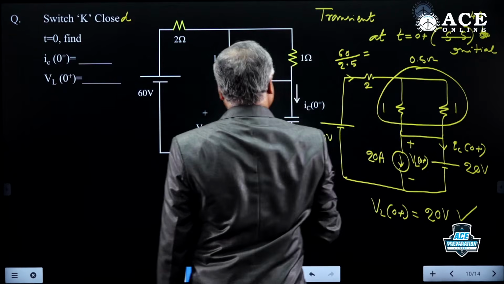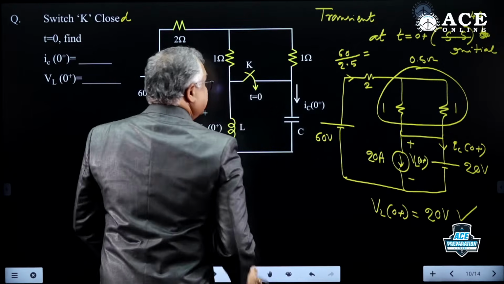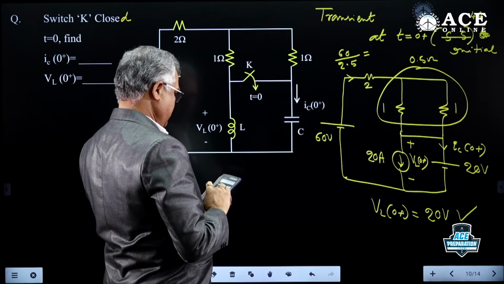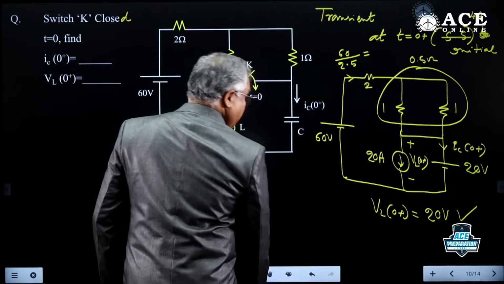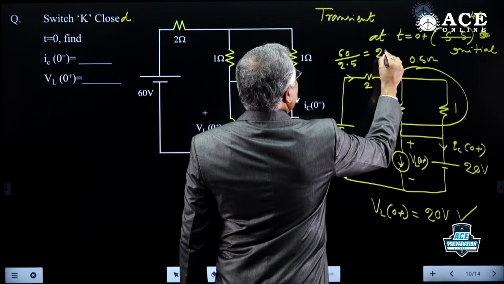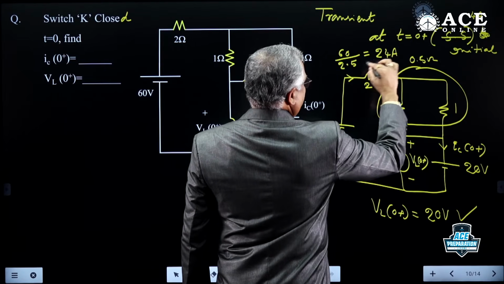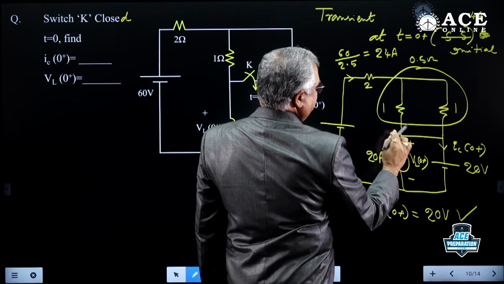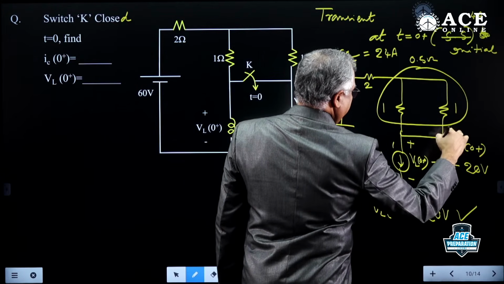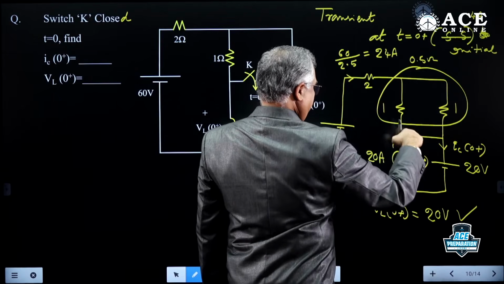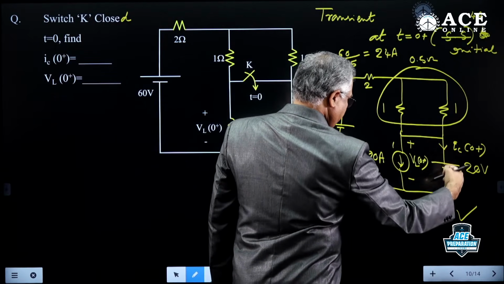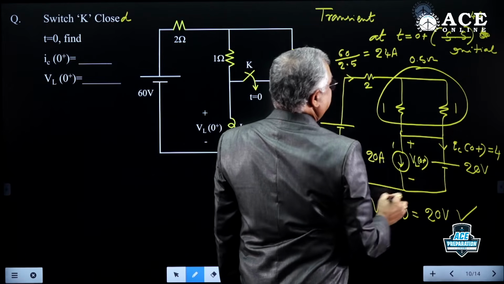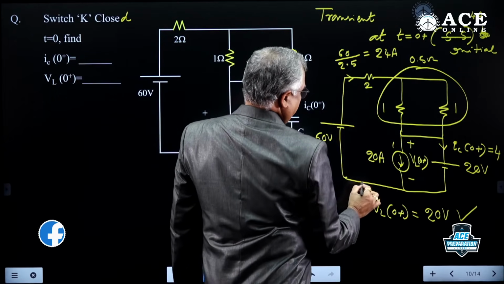What is 60 by 2.5? 24 amps. The net current entering is 24, but here 20, so using KCL it must be 4 this way.